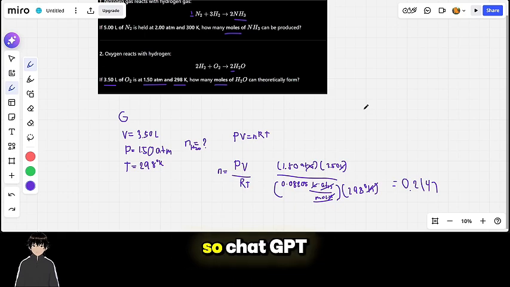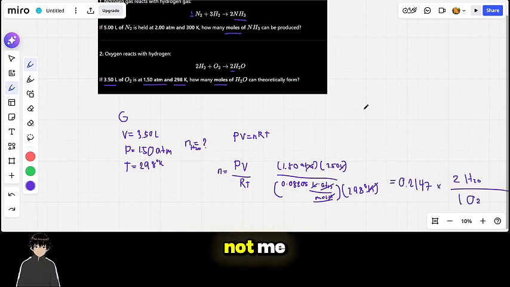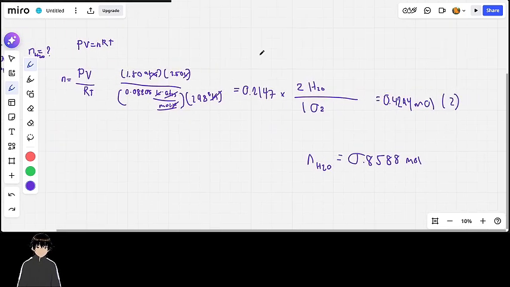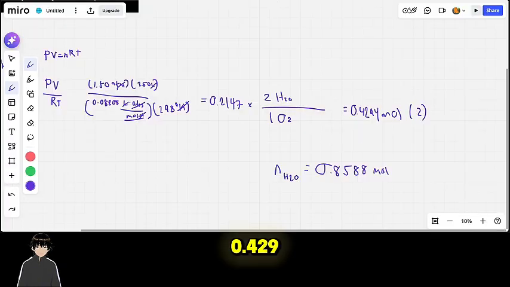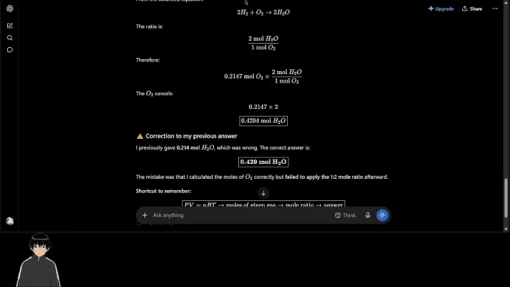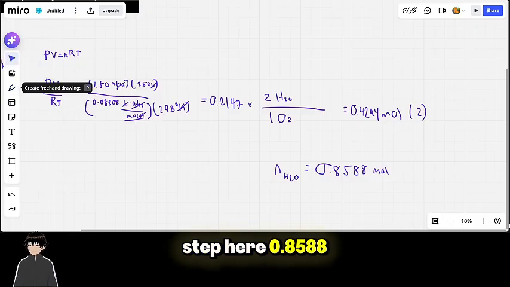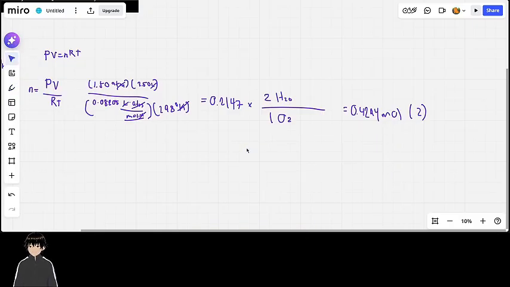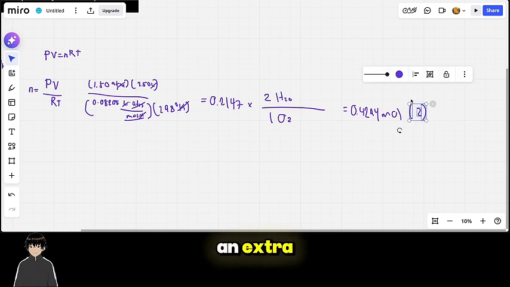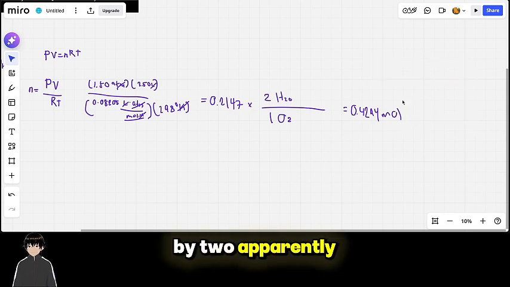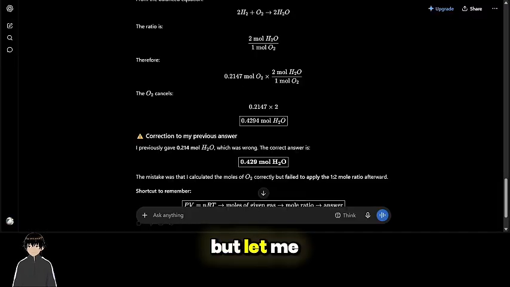Oh my goodness, so it's ChatGPT that's the one in the wrong, not me. 0.429? Okay, so I did an extra step here. 0.8588. Yeah, I did an extra step. You don't need to times it by 2, apparently. But let me just fact check again.